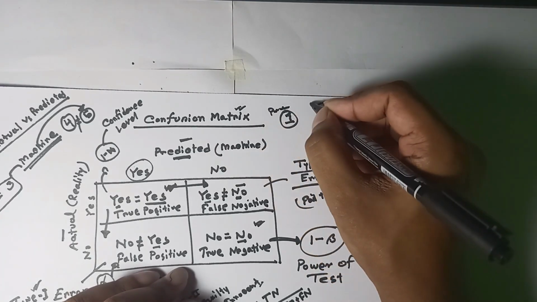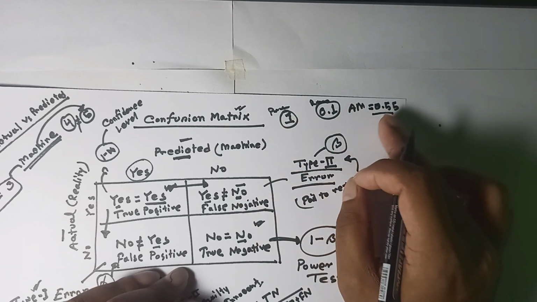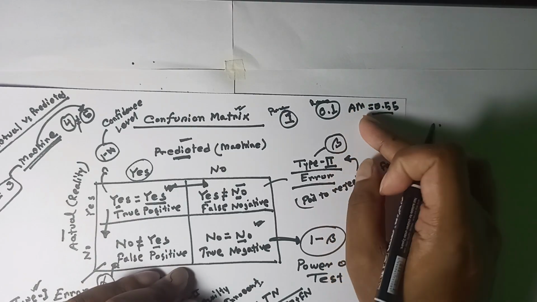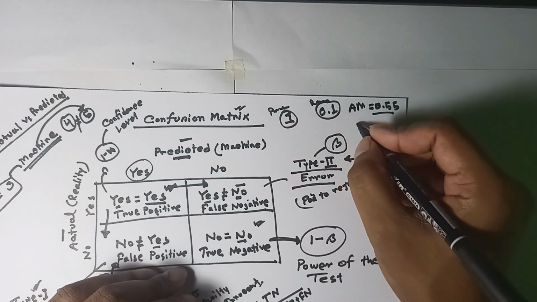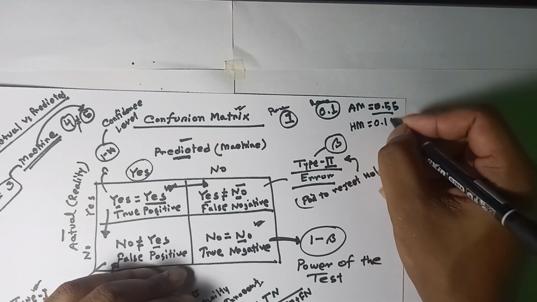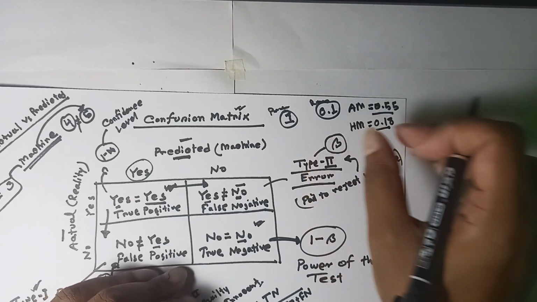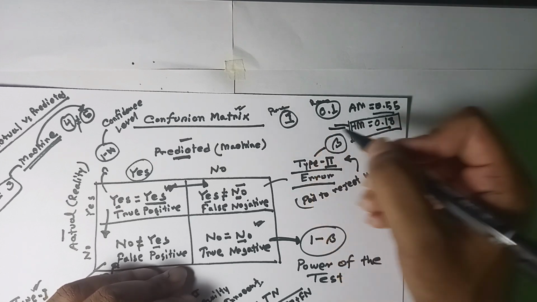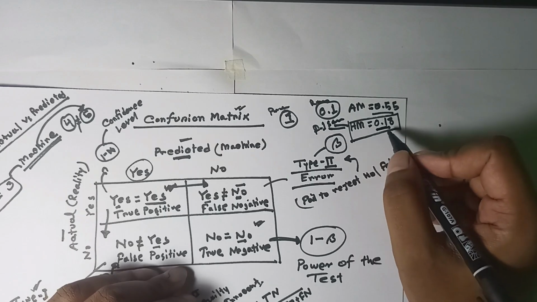This one is your precision, this one is your recall. After observing the arithmetic mean, you can tell that it has not correctly interpreted the inner healings of the data. So there we calculate the harmonic mean. If you calculate the harmonic mean, you will find 0.18. This tells you, yes, this machine does not correctly predict things. At a glance, you can say that. And this harmonic mean is nothing but your F1 score. When it is the F1 score, you will say that yes, the machine was not good.